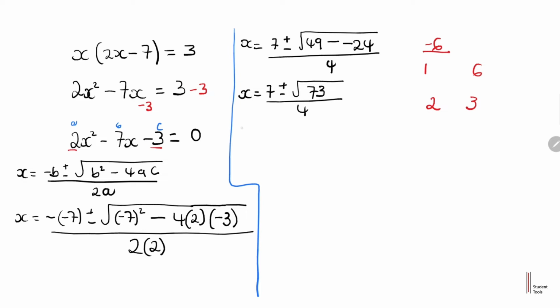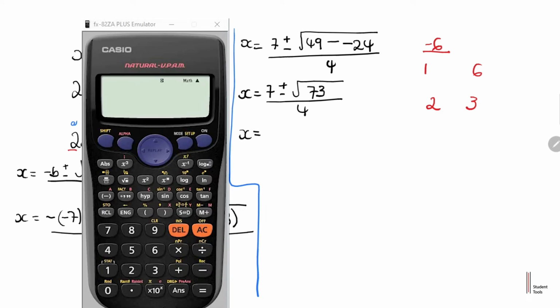So x is equal to, now let us punch this in our calculators so that we can get these values. Alright, so when we punch this on our calculator, we have a positive 7, and for the first part we will have the plus square root of 73, all this over 4.